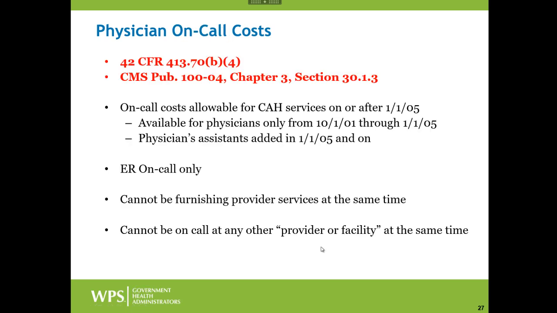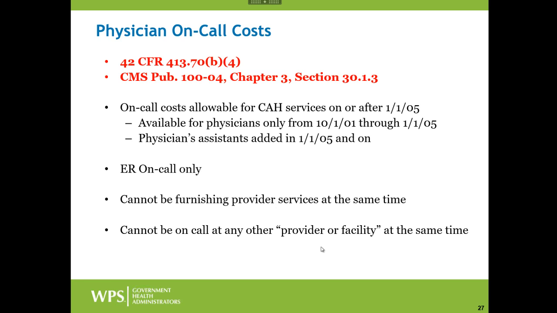So now let's shift gears and talk a little bit about on-call. This was brought into the regulations in 42 CFR 413.70(b)(4), and it's currently only found in the policy manual under the Claims Processing Manual, Publication 100-04, Chapter 3, Section 30.1.3.